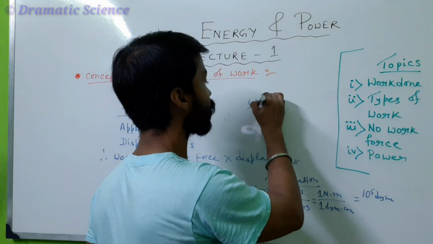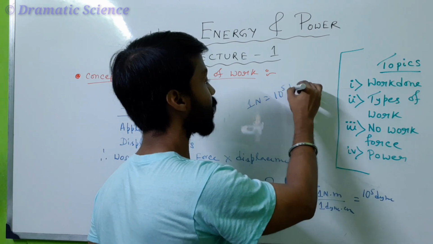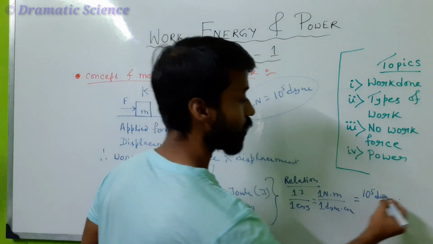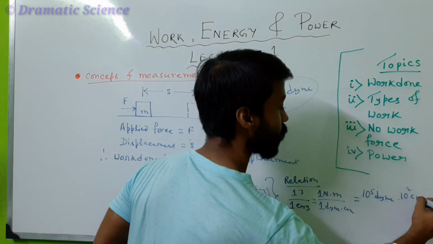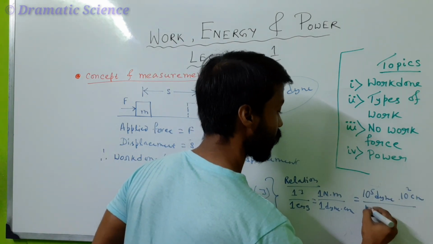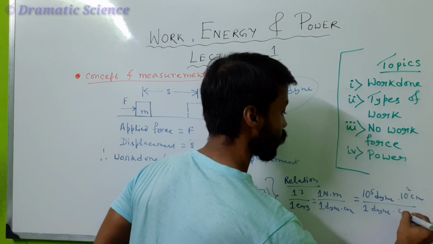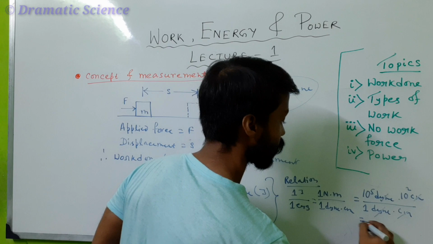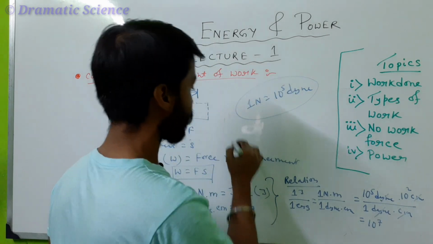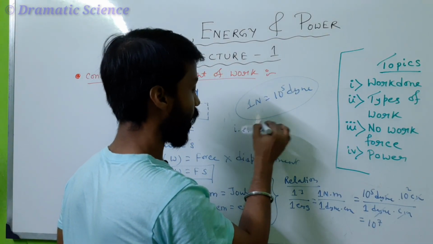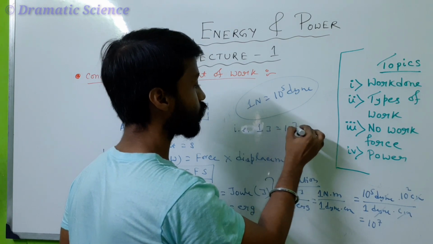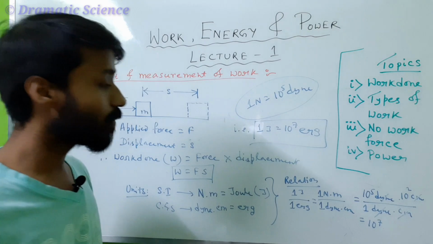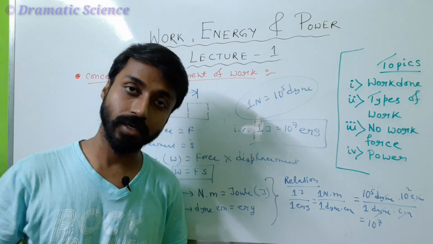Basically 1 Newton equals 10 to the power 5 dyne, right? And here the meter will be 10 square centimeter, and then simply dyne into centimeter, dyne gets cancelled, centimeter cancelled, so ultimately 1 joule equals 10 to the power 7 erg, right? This is the relation between the units of work.